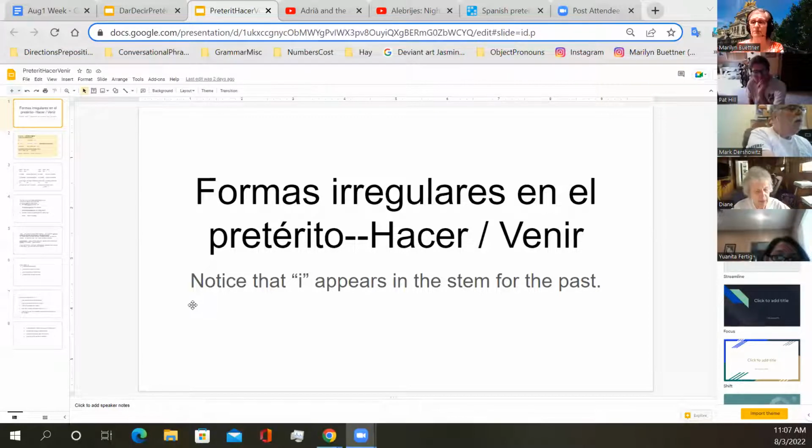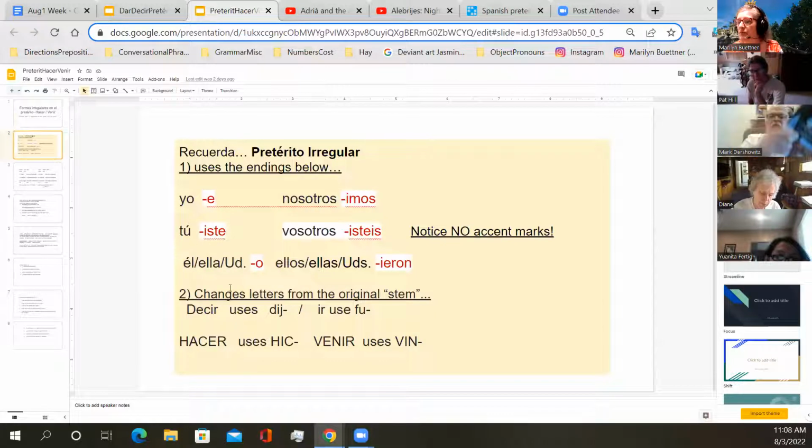This will have prompts like this previous one did, but the 2 verbs you're going to work on are going to be hacer and venir. And you're going to notice there's going to be a funky I thing that pops up as a recurring theme. So I'm just going to show you what's going to happen.